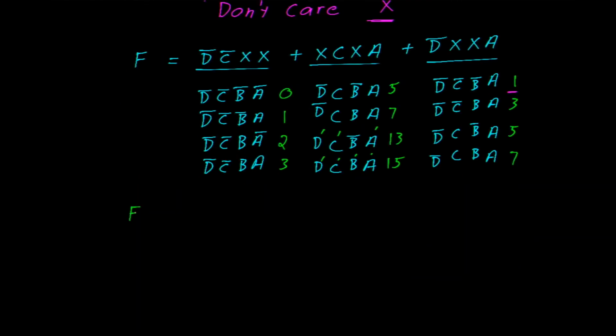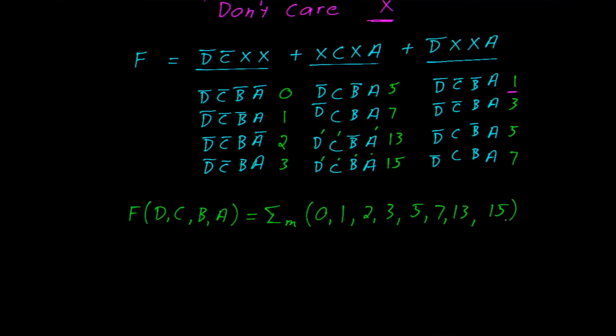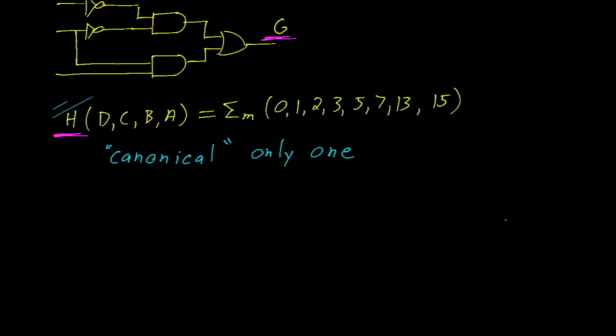Our function f, with inputs d, c, b, and a, can be written as the compact sum of minterms 0, 1, 2, 3, 5, 7, 13, and 15. Looking back, that is indeed the same as function h.